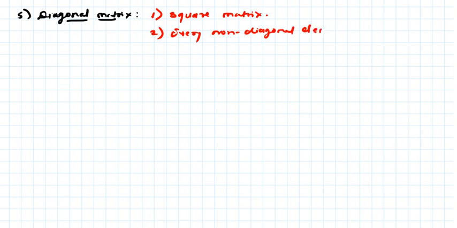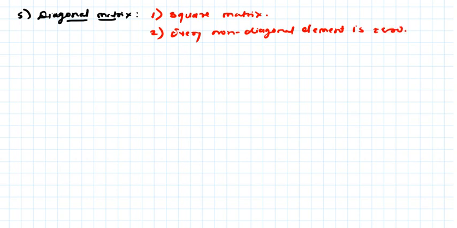Now the next type, type 5, is the diagonal matrix. To identify whether the given matrix is a diagonal matrix or not, you must understand first that it should be a square matrix, and second, every non-diagonal element is 0.